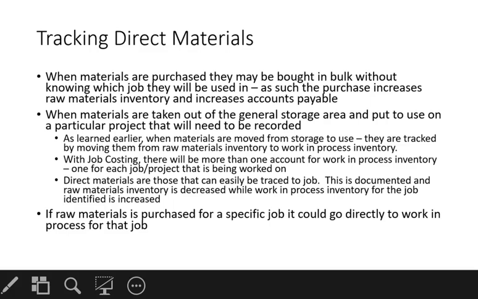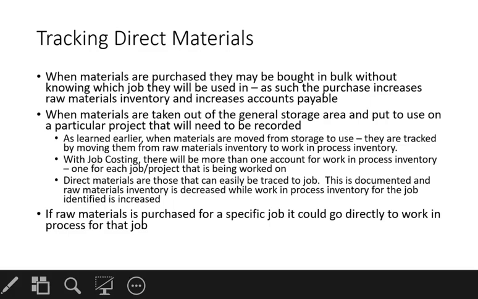So direct materials are those things that can be easily traced to the job. If you put plumbing or lumber or concrete into that house, that's a direct material that could easily be traced to the job. We installed it, and we document that.